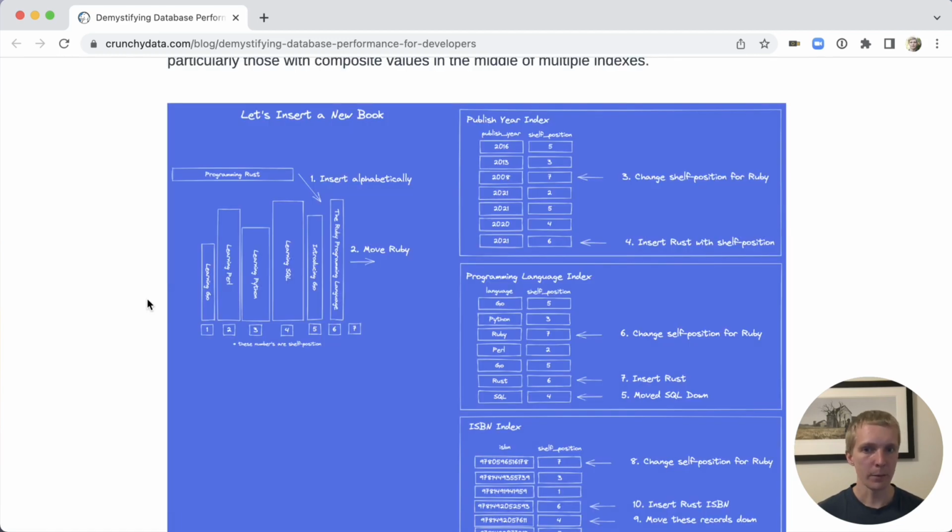Let's say we want to add Programming Rust into our library. Now, if I add Programming Rust into this library and I add it in the middle of my index, that can be more expensive because I have to move values around to make space. A great example of this is B-tree indexes in Postgres. B-tree indexes are sorted. If you're adding something in the middle of a sorted index, of course, that might mean that Postgres has to split a page or split the parent pages.